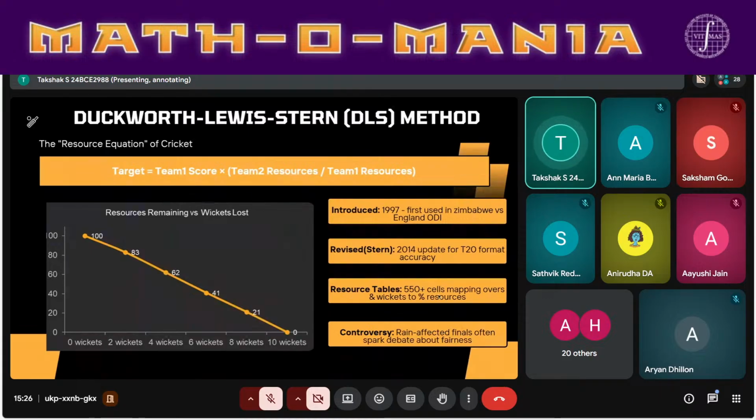And the fundamental target adjustment formula here is: target equals team 1 score multiplied by team 2's resources divided by team 1's resources. The core idea of DLS is that a team's ability to score runs, their run-scoring potential, is a function of two resources: the overs available and wickets in hand.